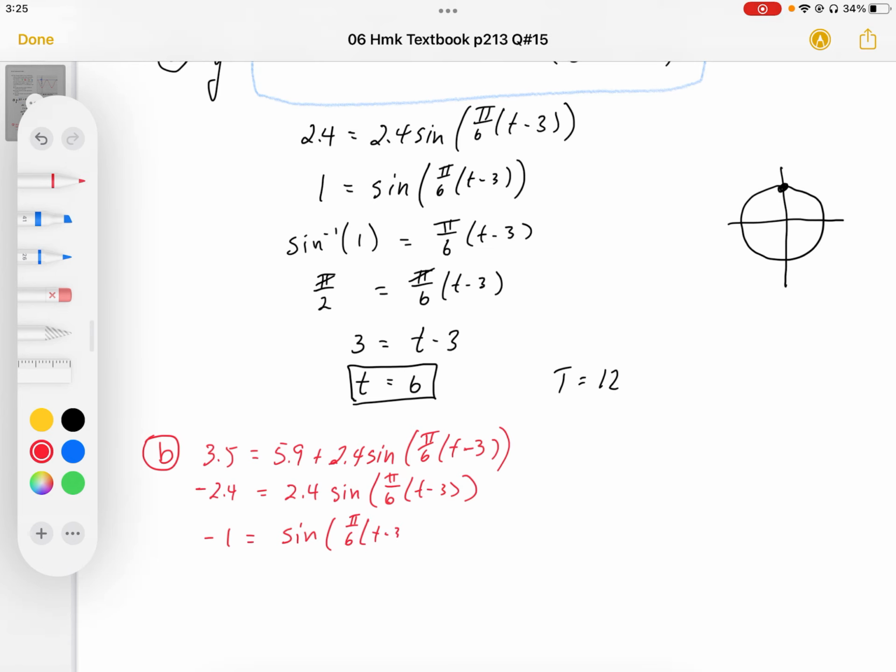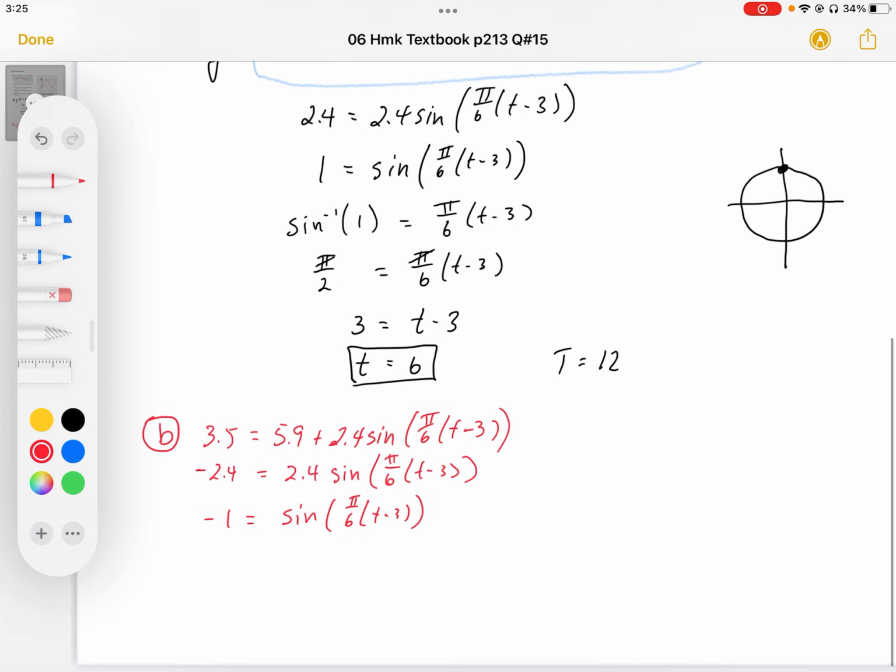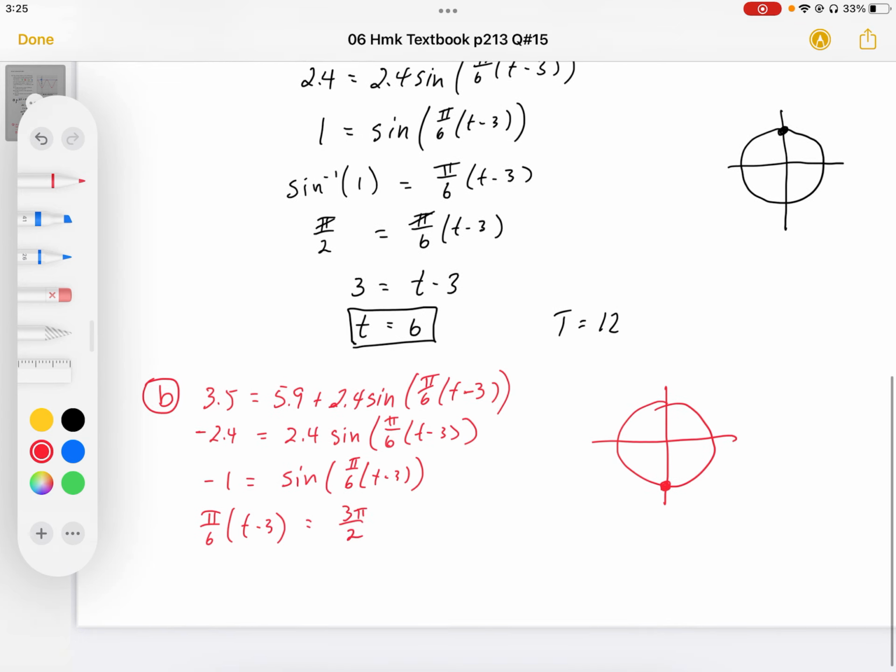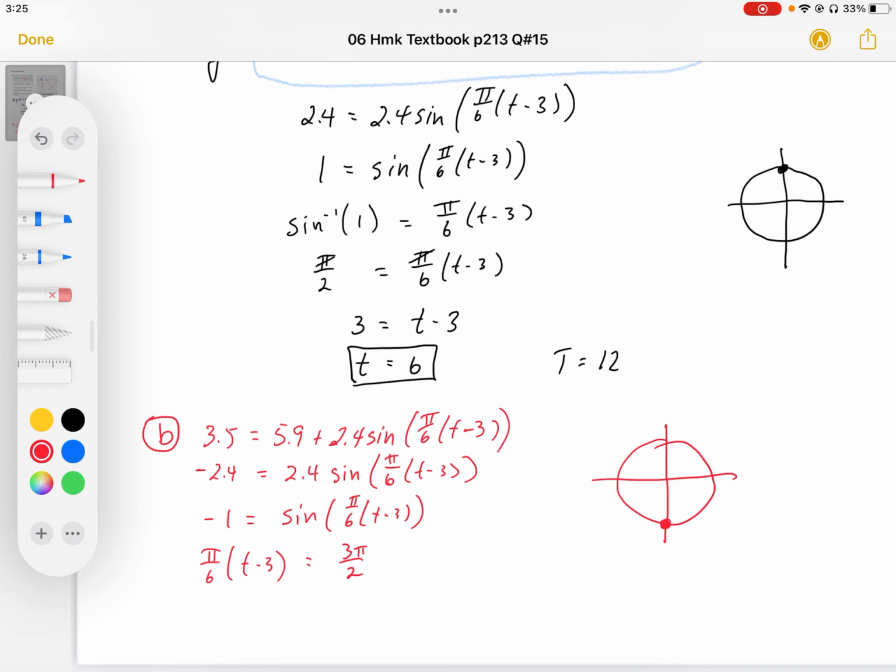To undo this sine, I could use arc sine, but since negative 1 is a special angle, it's going to show up down here. We're going to end up with the angle pi over 6 t minus 3 is equal to 3 pi over 2. That's going to be where our negative 1 occurs.